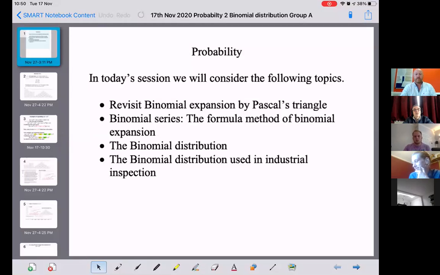Probability. Okay, so this is our second session on probability. And what we're going to do today is revisit the binomial expansion via Pascal's triangle that we covered last week, look at the binomial series, which is a formula method of determining the binomial expansion, and look at how the binomial distribution can be used, both in a basic way and in industrial inspection.